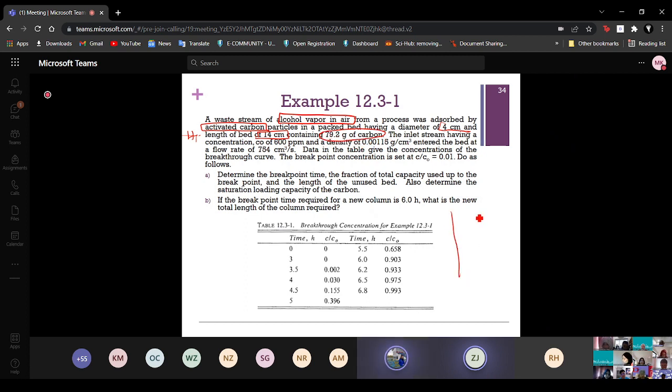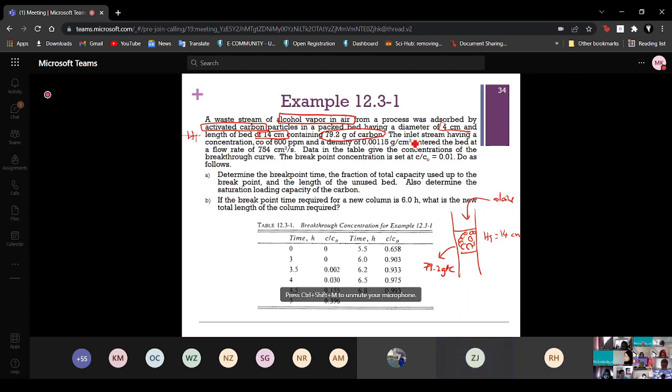So if you draw it, the height here is basically 14 centimeter, and the activated carbon in terms of mass that you put in is 79.2 gram. So you feed in, and what do you want to absorb? Alcohol.